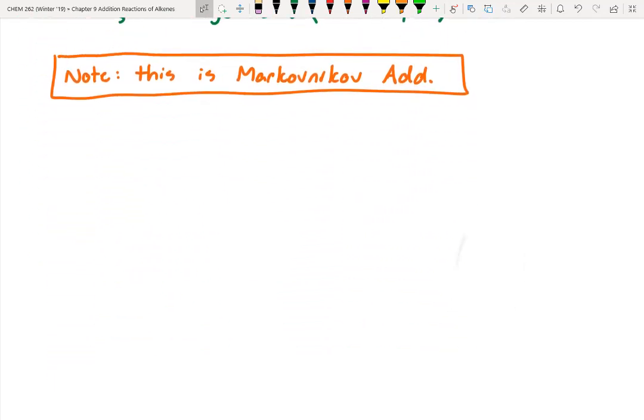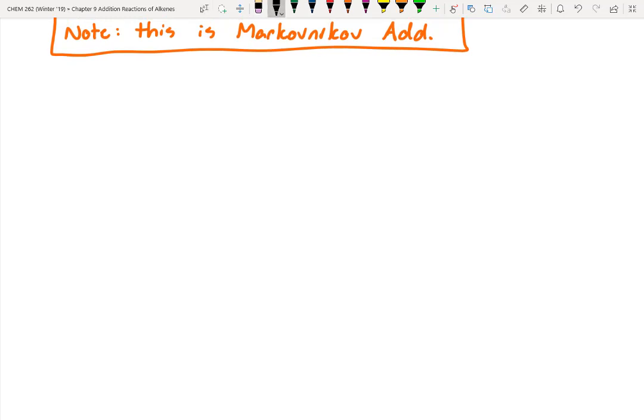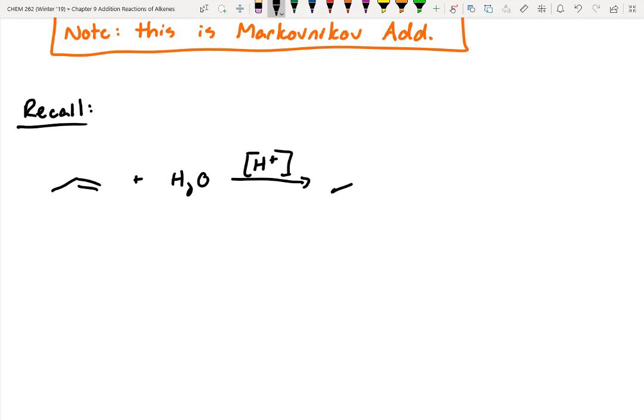So now let's take a look at this. All right, so the reaction we just saw was with an alkene plus water plus our catalytic acid gave us our alcohol, right?